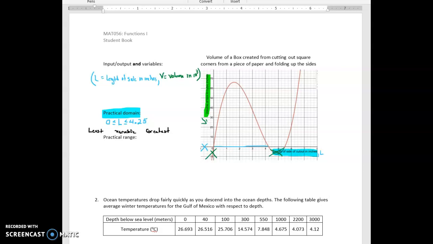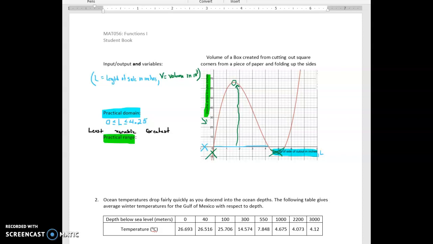And then we want to talk about the practical range. The practical range is our volume. We've already indicated that our volume can't be negative, so it starts at 0 and goes all the way up to what looks like that greatest point right here, which looks to be, let's see, 2, 4, 6, and this must be counting by 2.5, so probably 65.